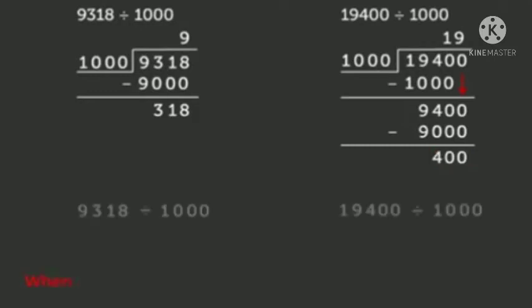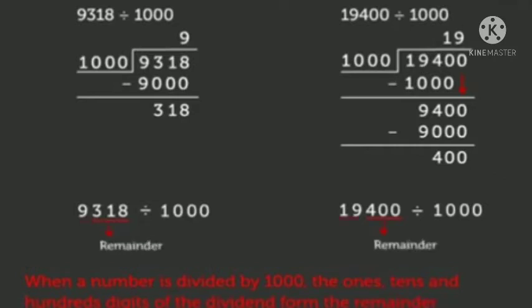Here, when we divided both the numbers by 1,000, the ones, tens and hundreds digits of the dividend formed the remainder and the remaining digits formed the quotient. Now let us solve one more example without actual division. Find out the quotient and remainder of 56,984 divided by 1,000.